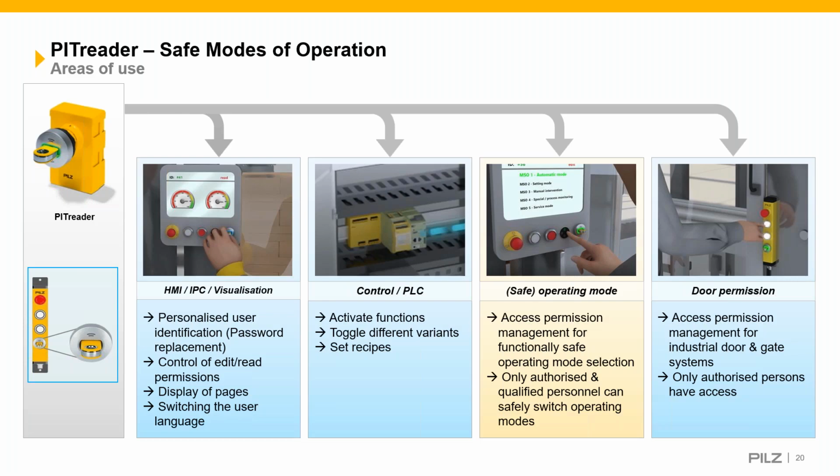So this means that only the trained, authorized and competent operator can potentially bypass the machine or put it into a different mode safely without the need for defeating. And if they were to remove their key from the PIT reader, then the machine would automatically default back to automatic mode, and so all your safeguards would kick back in.